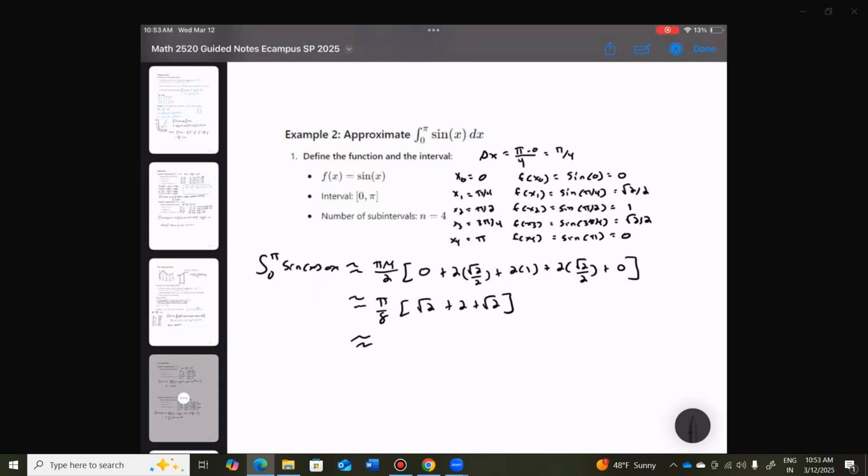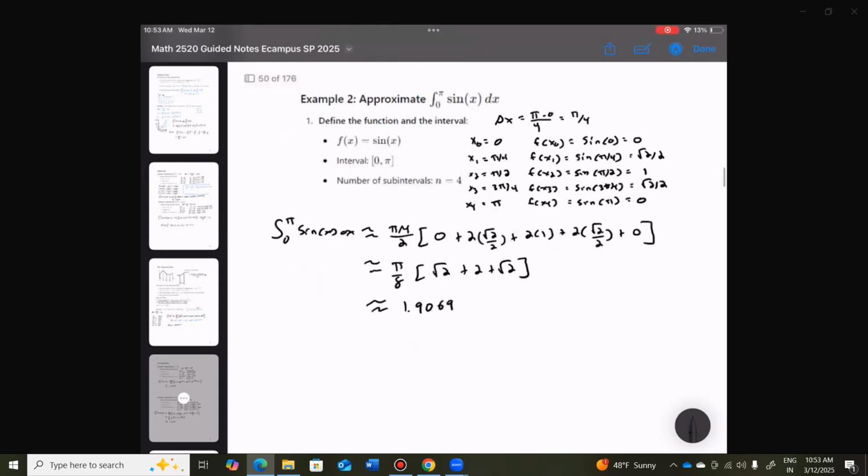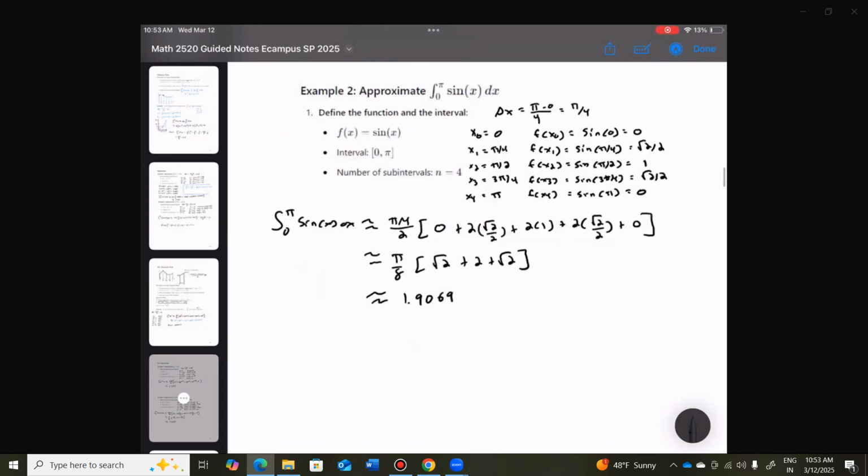Okay, and we will get approximately 1.9069. The actual integral of this is equal to 2. You can do the integral and find that out, but yeah, it's equal to 2.